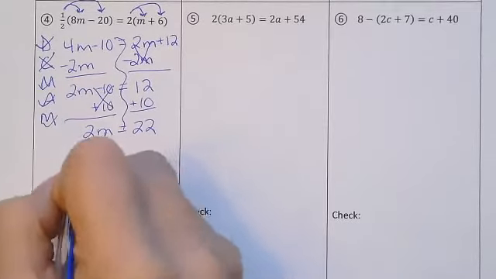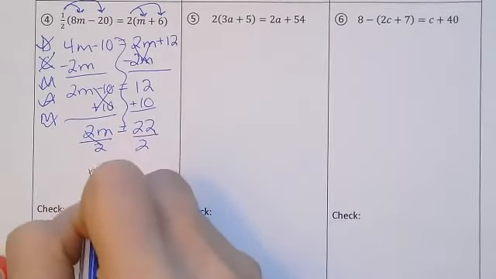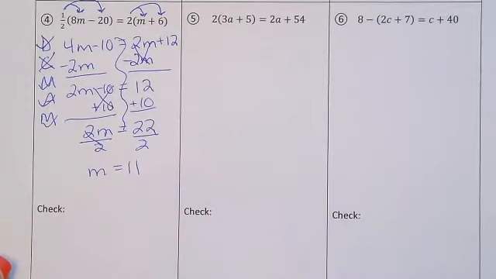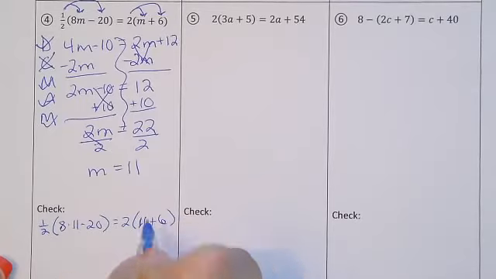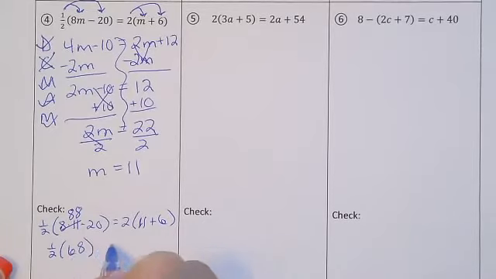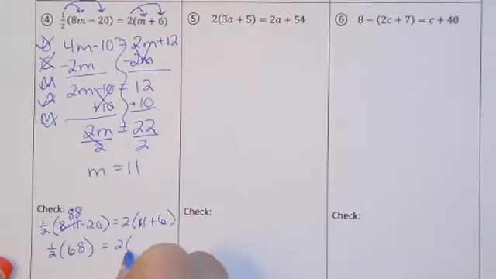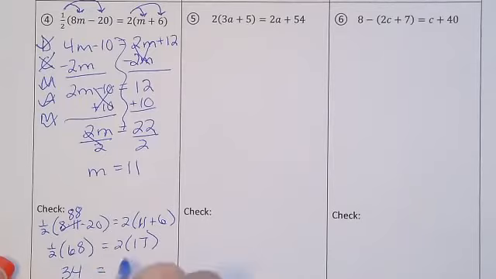Multiply, divide. And check. M equals 11.